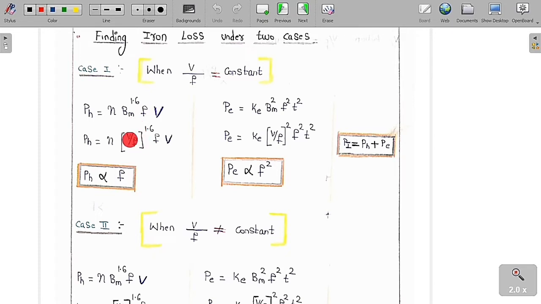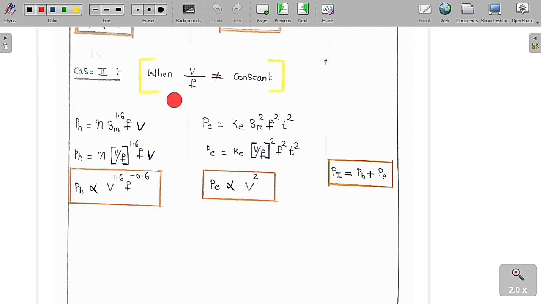As Bm is constant, Ph is directly proportional to F. So Ph is directly proportional to frequency. Whereas Pe is equal to K into Bm square F square T square, and as Bm is constant, Pe is directly proportional to F square. So whenever V by F is constant, Ph is directly proportional to the frequency, and Pe is directly proportional to the square of the frequency. Then net iron loss is equal to the summation of the hysteresis loss and the eddy current loss.